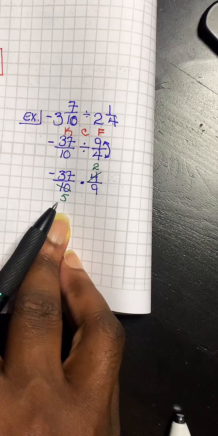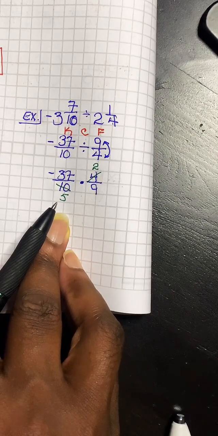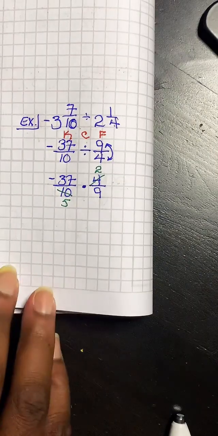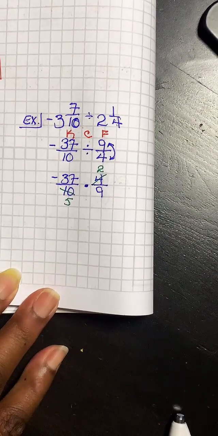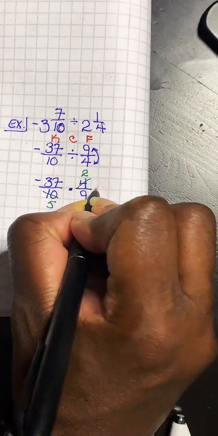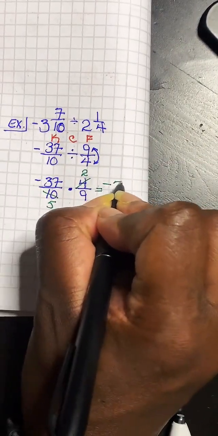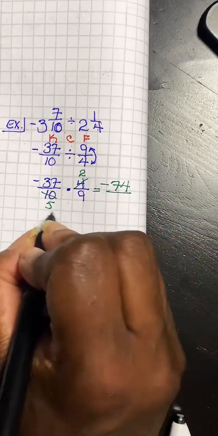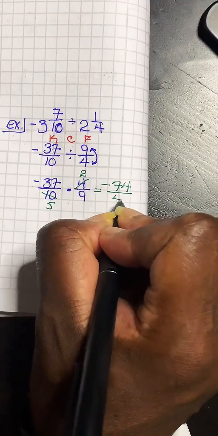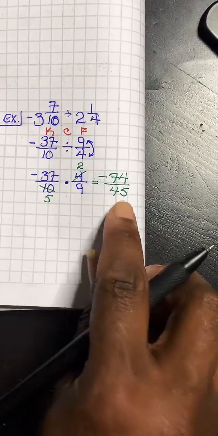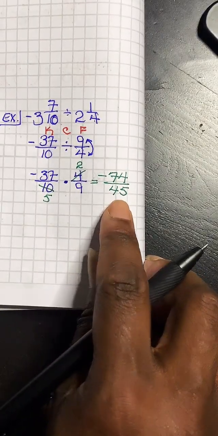If you reduce both the numerator and the denominator by 2, you will get these lovely answers. So when we do that, we get our negative 74 over 5 times 9, 45. So that's our answer as a fraction.